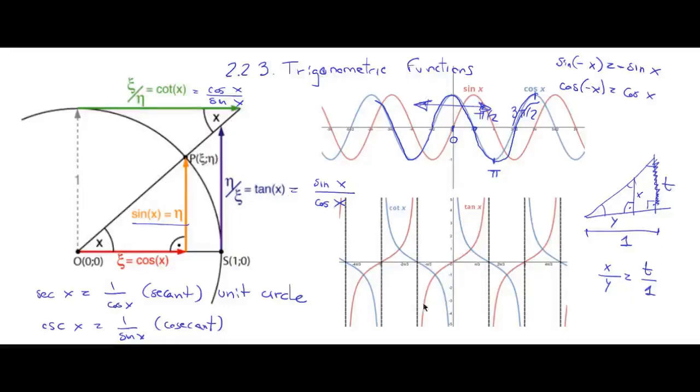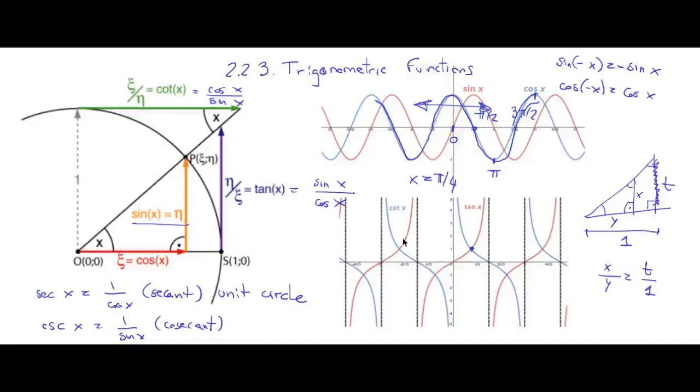Now the tangent is interesting because it's the fraction between the sine and the cosine. It's going to be 1 when the sine and the cosine are the same, and this happens when x is pi over 4, which is 45 degrees, so please get used to this. This is the point where the tangent gets to 1.